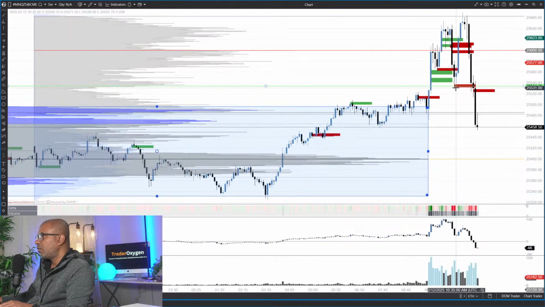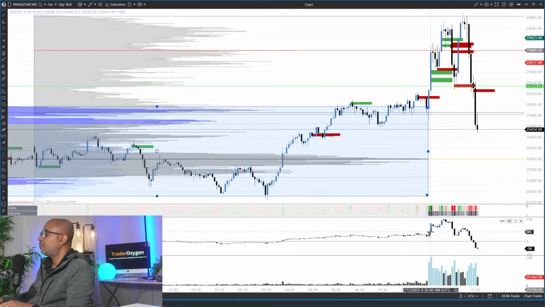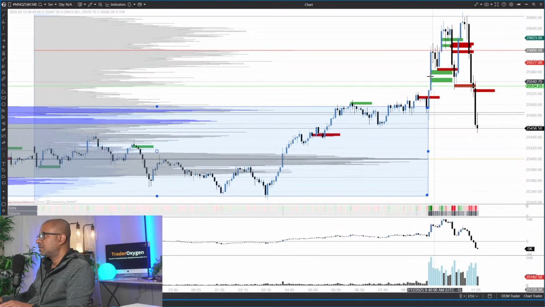Now when you look at that time, at the price push up, you can see the delta is green, which means aggressive buyers, and the cumulative volume delta is green, which means aggressive buying happening with high volume. That breakout was also supported by bullish stacked imbalances, these green bars over here. So if you look at only Nasdaq, you will see it as a bullish move for that time.